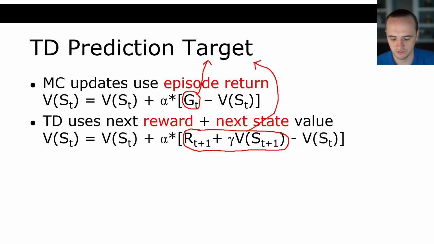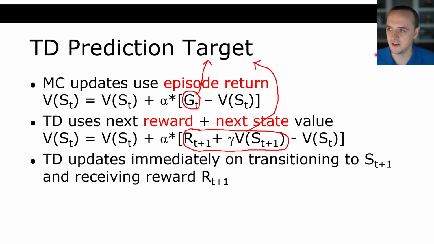Instead of waiting for the end of an episode, getting the return from that episode and using that as the learning target, we don't wait for the end of the episode. We take the reward that we just got and add that to the value of the state that we went to. And of course, we have our discounting factor in here, gamma.